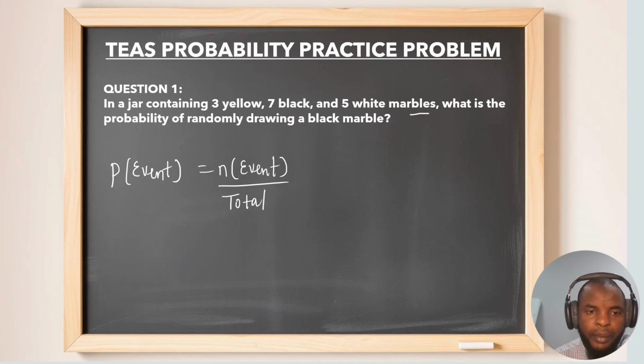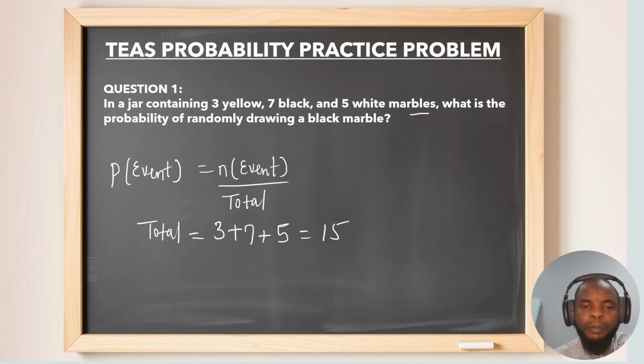Now in this case, what is our total? We have 3 yellow, 7 black and 5 white marbles, so in total we have 15 marbles.